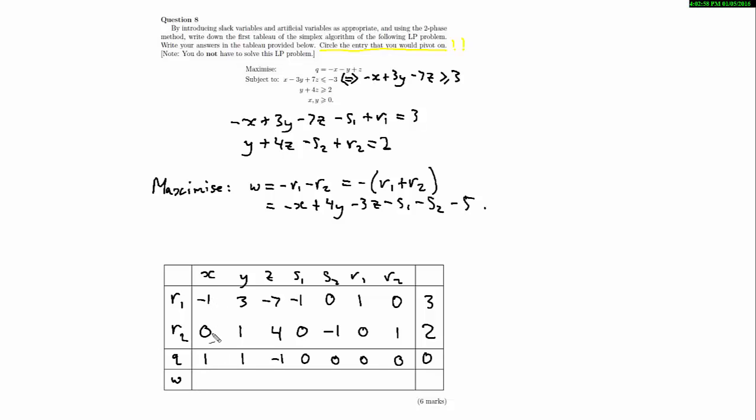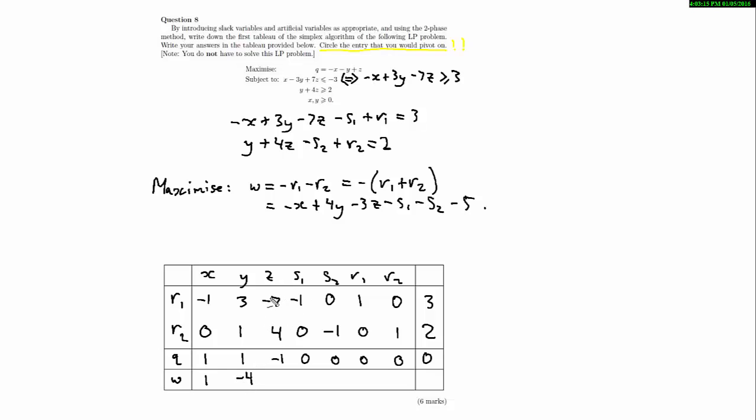So we have minus 1 plus 0 equals minus 1, multiplied by minus 1 gives us 1. And same here. And same again for this entry here, we have 3 plus 1 multiplied by minus 1 equals minus 4.